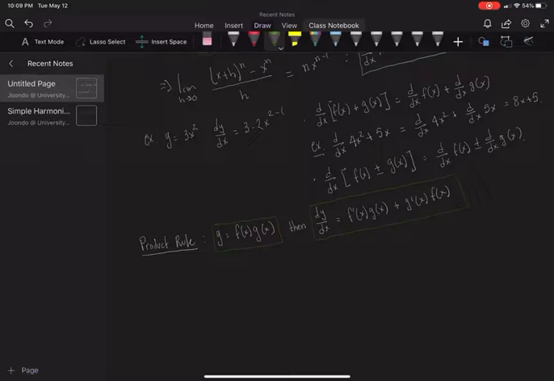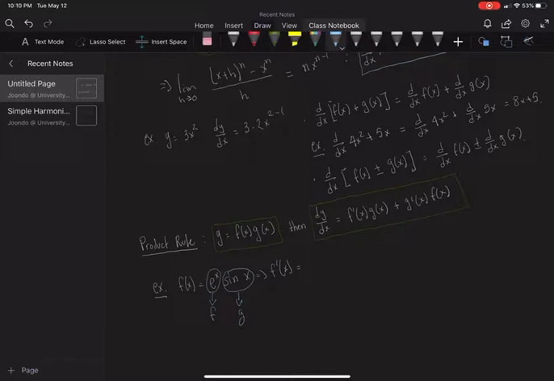So, an example of this is this. Suppose f of x is e to the x sine x. Okay, we can differentiate this using the product rule. So, suppose this here is f, this here is g.